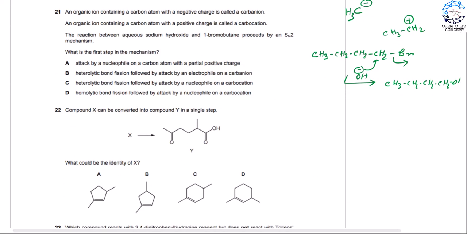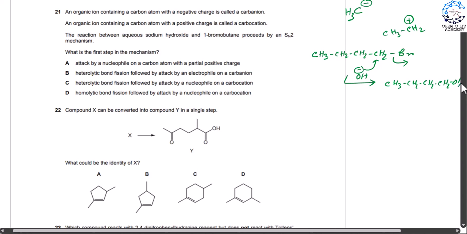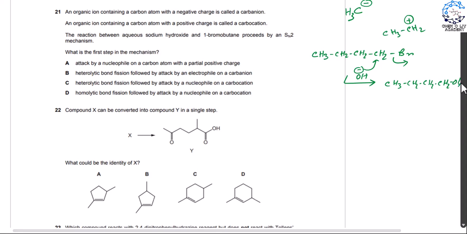So it's going to form OH. Right. Now let's see the options. What is the first step of the mechanism? Attacked by a nucleophile on the carbon atom with a partial positive charge. Okay, so this is a nucleophile, and there's a partial positive charge, delta plus and delta minus.